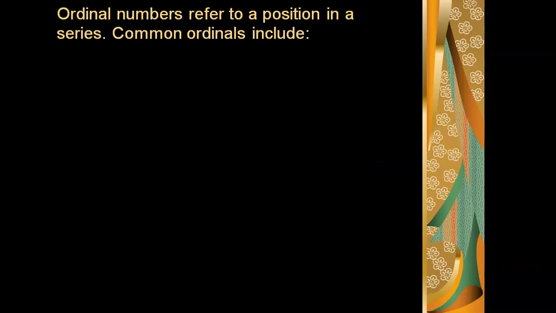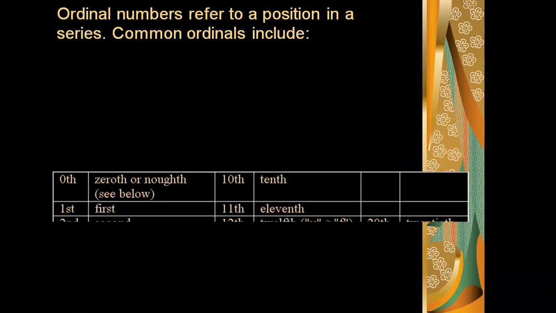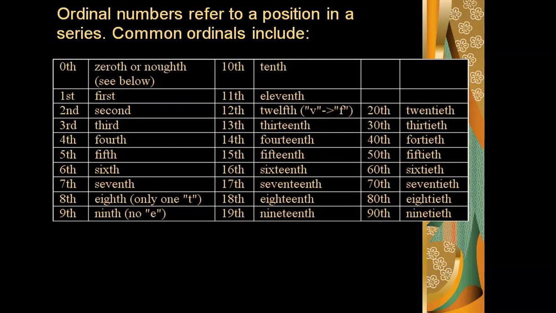Ordinal numbers refer to position in series. Common ordinals include zeroth or nullth. See below. Zeroth will be, then, the first, second, third, fourth, fifth, sixth, seventh, eighth, only one t, ninth, only one e.